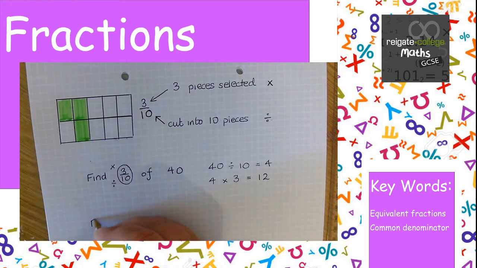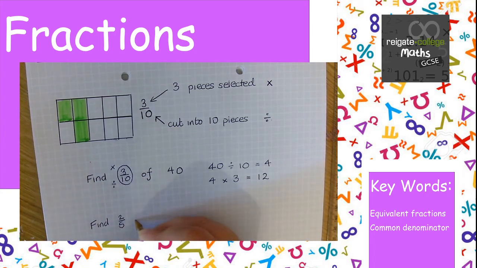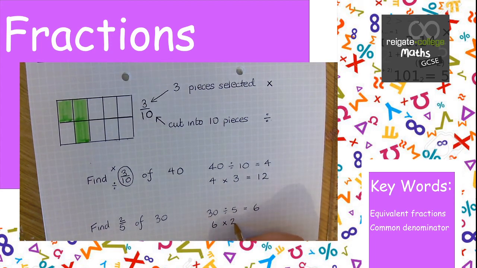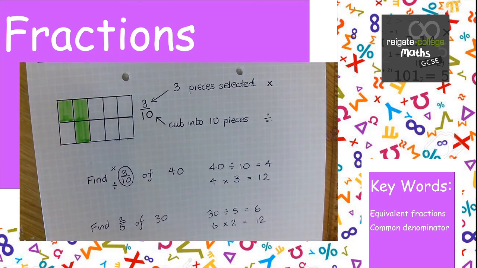I don't have to draw my shape. If I wanted to find 2/5 of 30, I would start with 30 and divide by 5, giving a value to each piece of 6. I'd then take my 6 and multiply it by 2, meaning that 2/5 of 30 is 12.